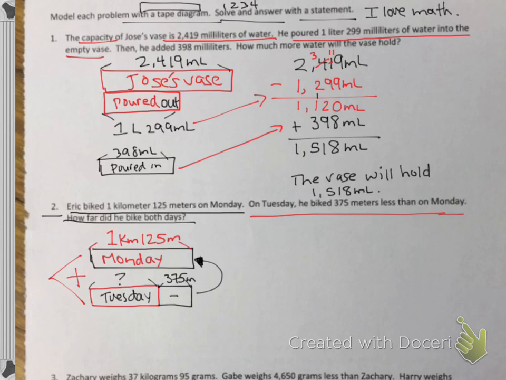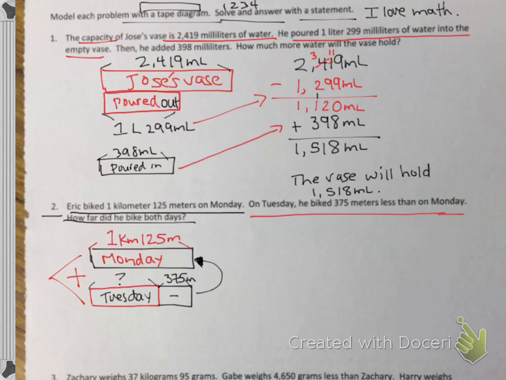Okay, so I would like for you to finish 2, if you can, on your own, especially finding that Tuesday amount. And then once you do, you need to add Monday and Tuesday and make your statement. So I want you to finish this problem number 2. All right, so pause the video if you need to.